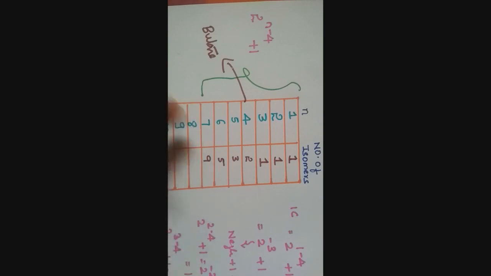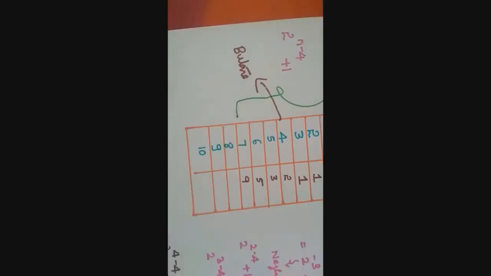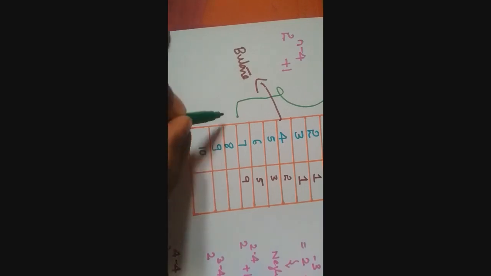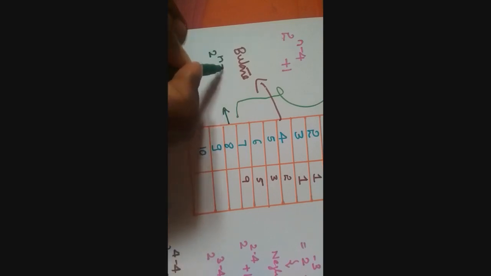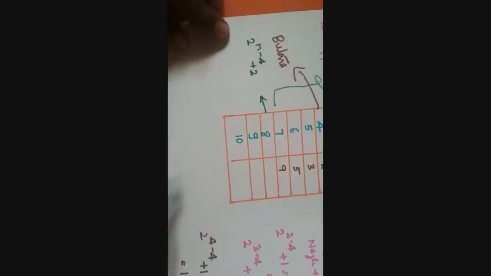These are the higher alkanes. For the 8 carbon alkane, we can use a formula. See students, 2 to the power of n minus 4 plus 2. Substituting for 8 carbon atoms: 2 to the power of 8 minus 4 plus 2. 2 to the power of 8 minus 4 is 2 to the power of 4.